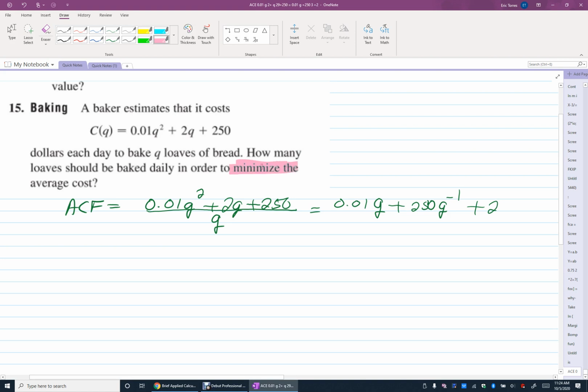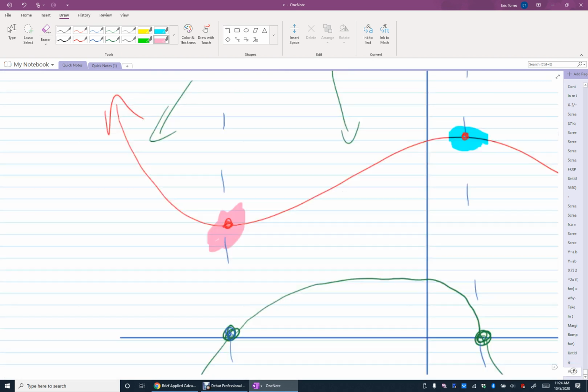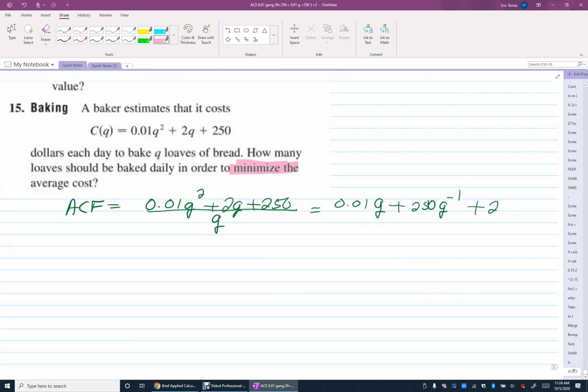What does it mean to minimize? Well, it's finding this type of point here and here. These are minimum points on a graph, and they occur when the function's derivative goes to zero. So we're going to do that. We've got a function, and I need to take its derivative.